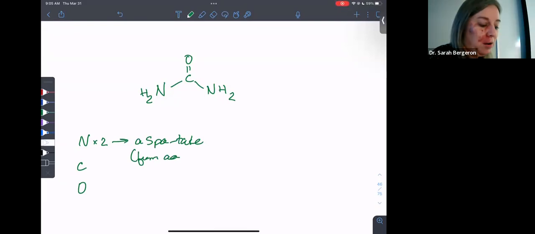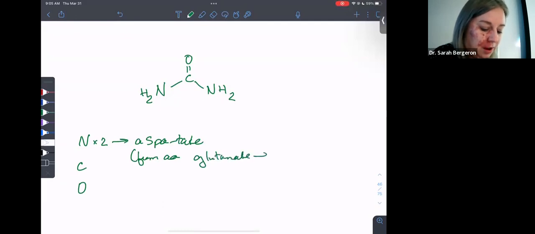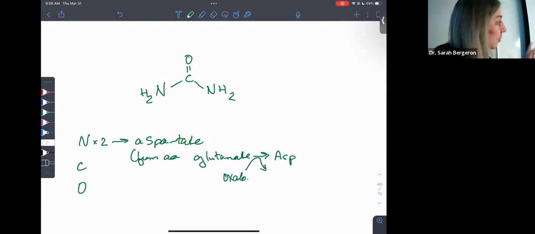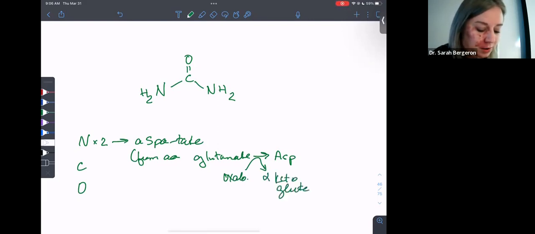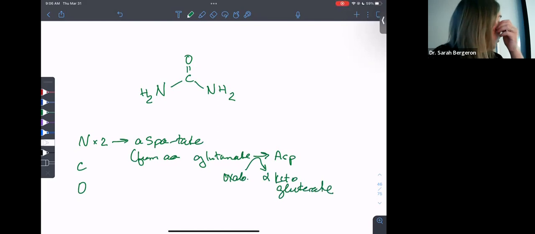When you're degrading amino acids, you convert it to glutamate, and then from glutamate to aspartate, right? Yes. And then you harvest that backbone, and so you go to oxaloacetate, and you get the alpha-ketoglutarate, right? Yes.